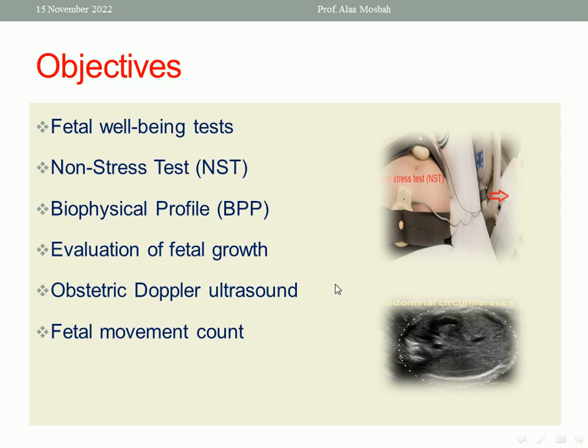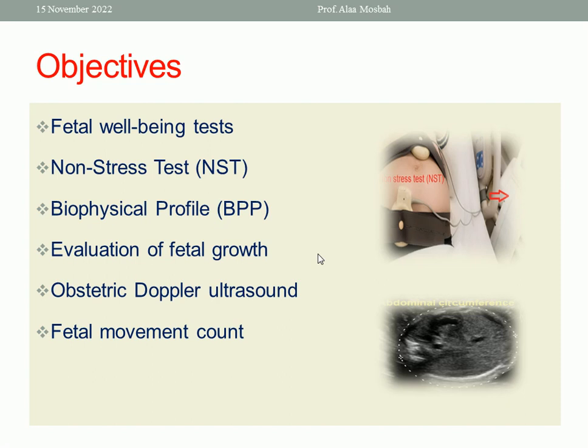While during labor, or what's called intranatal fetal well-being test, we have fetal heart rate monitoring with CTG and biophysical profile, and the fetal pulse oximetry and fetal scalp pH. So this is as regards the intrapartum or intranatal fetal well-being tests.